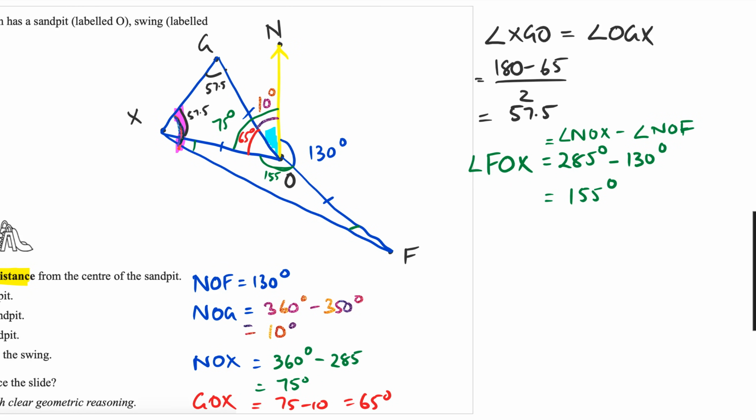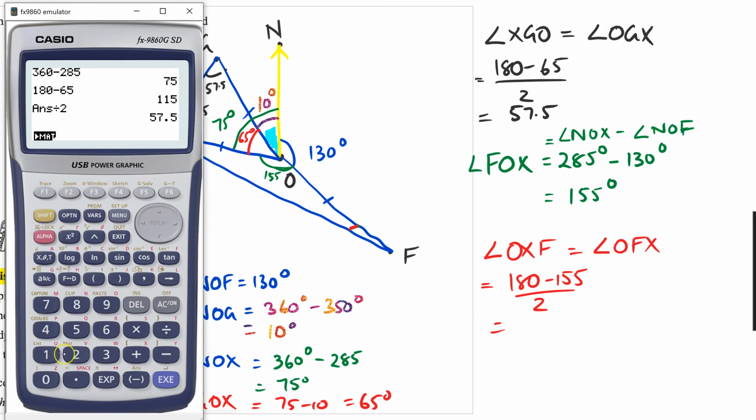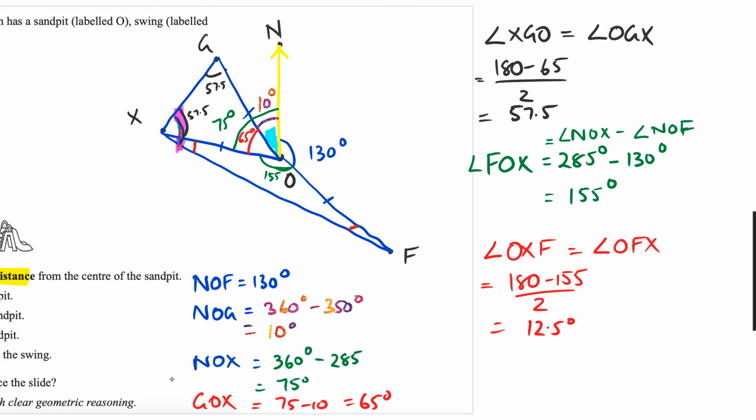So that gives us 155 degrees, which means we've got another pair of base angles that are going to be the same for the isosceles triangle. So we can say that angle OXF is equal to angle OFX. So we're going to get 180, take away 155, divided by 2, which gives us 12.5 degrees. And we're going to write the reason that it's base angles.